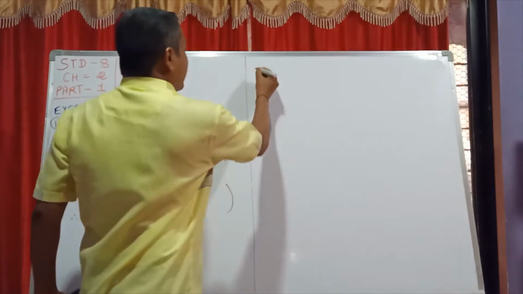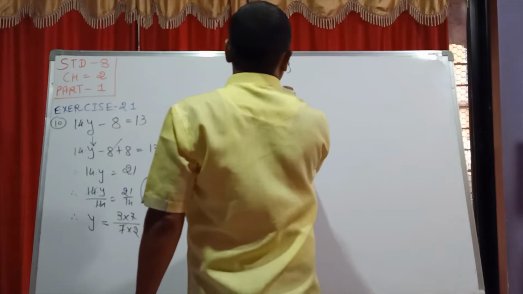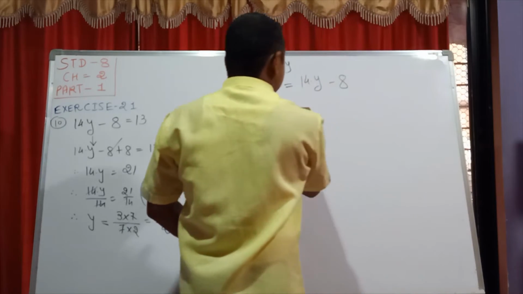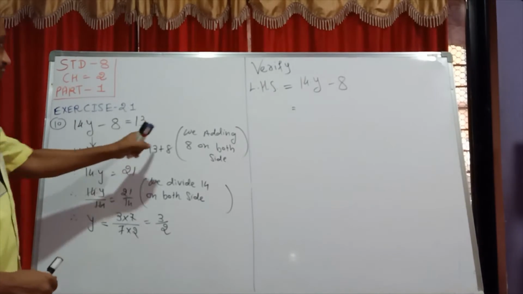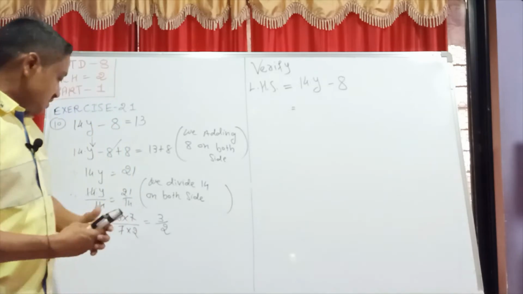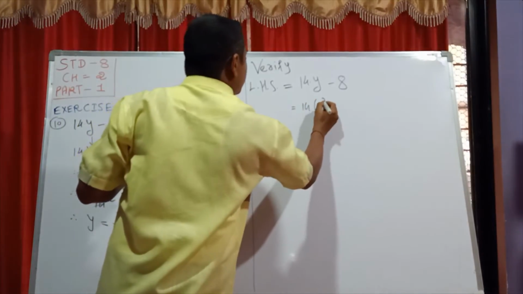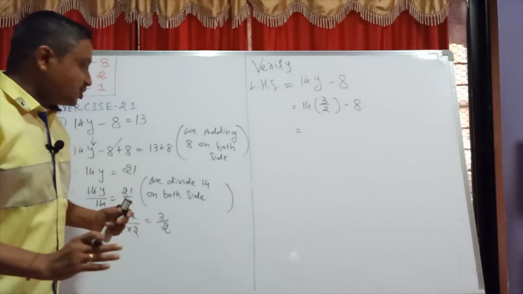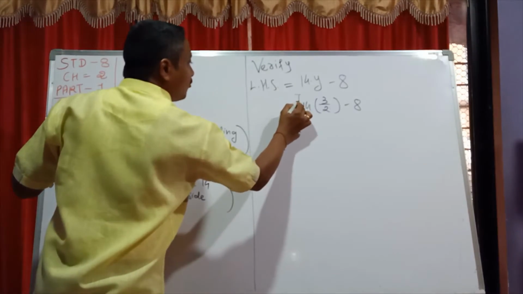Now I go to verification. In the verification, students, look at that. My LHS is 14y minus 8. Yes, verification is compulsory. I verify each and every question after deriving. So what is your y? 3 by 2. Put the value 3 by 2 and further calculate and check out. Surely your answer is 13. Yes, 2 7s are 14.